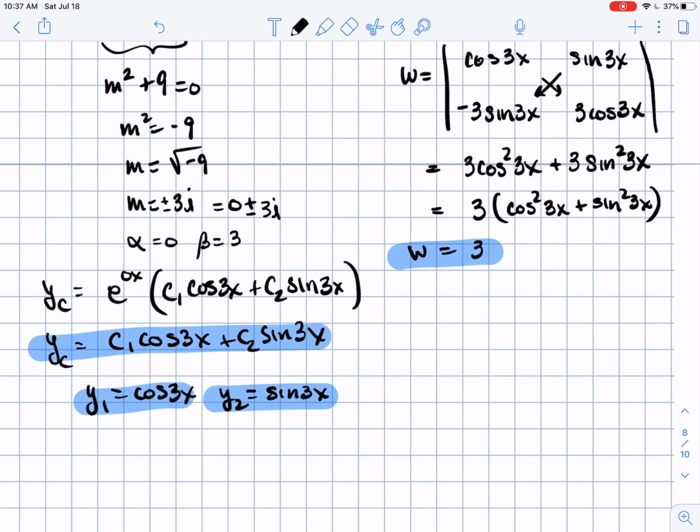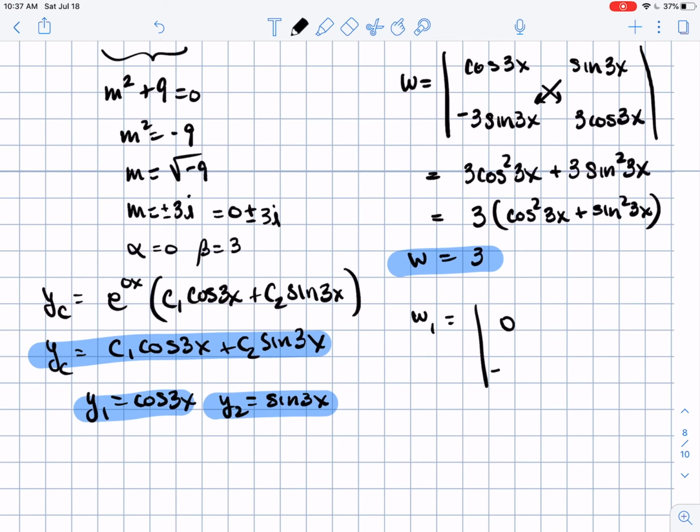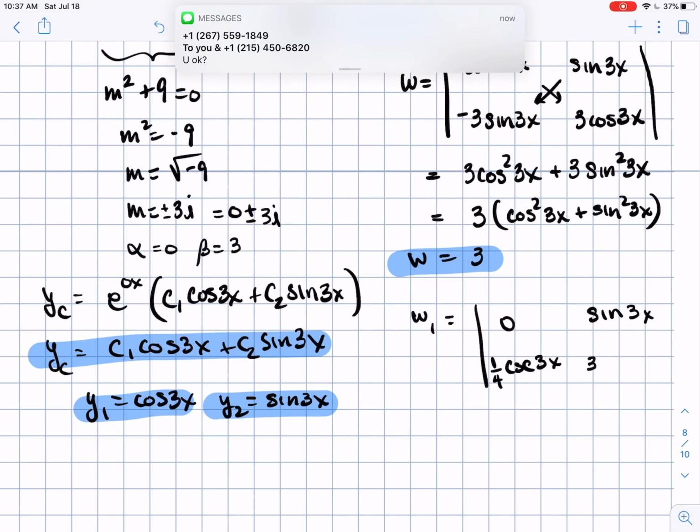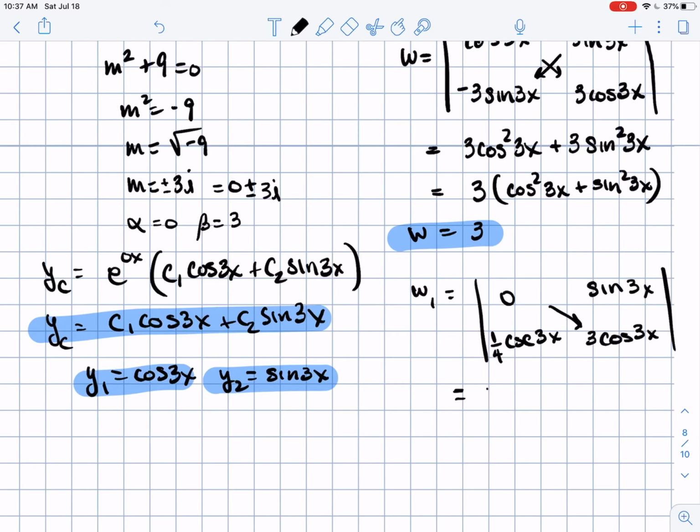Okay, W sub 1, remember you're putting zeros here, and then you put your function, so that's 1/4 cosecant 3x, and then you have your y2, sine 3x, and the derivative of y2, 3 cosine 3x. Just remember, if you do that first, it's 0 minus, and then we would get 1/4 of cosecant 3x times sine 3x.